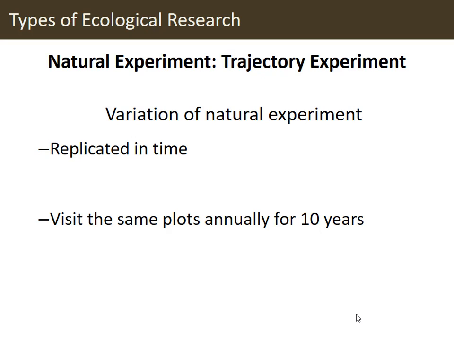Just because you guys can't do the entire trajectory in the time of this class doesn't mean you couldn't set up a trajectory experiment that students might have the potential to check back in on in the future. And so I'm always open to thinking about something like, it would be really interesting to know what is the species composition of our forest, right?